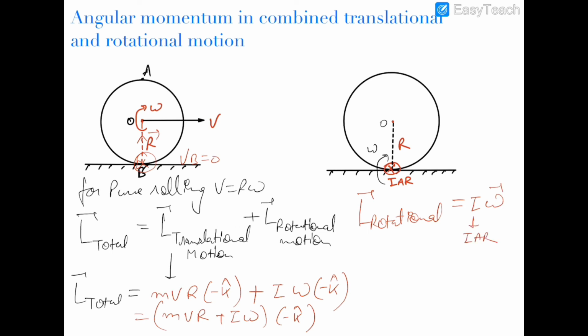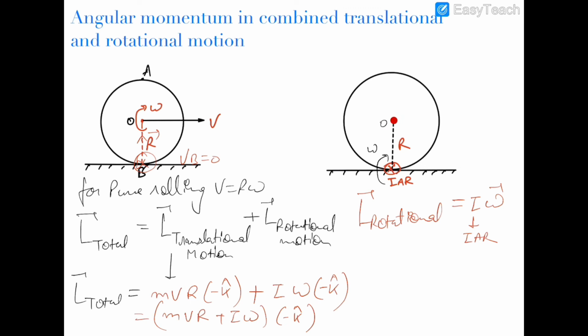So the moment of inertia, if we are assuming this as a solid sphere, then the moment of inertia of this solid sphere about this IAR is 2 by 5 mr square about the center plus mr square by parallel axis theorem.